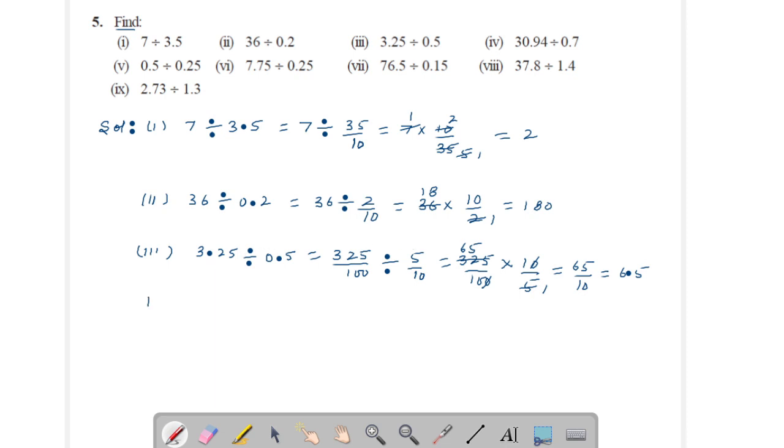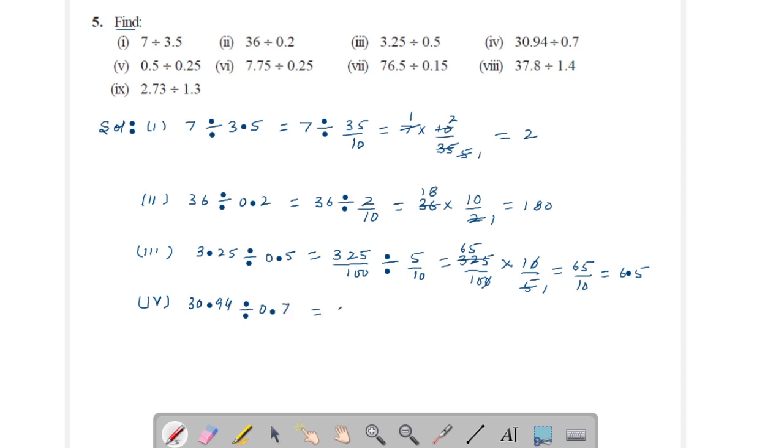Then come to the fourth part. 30.94 divided by 0.7.